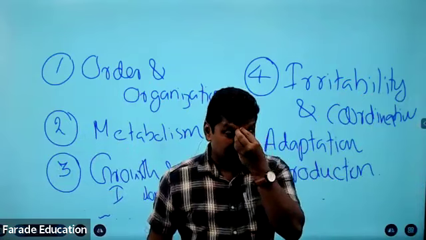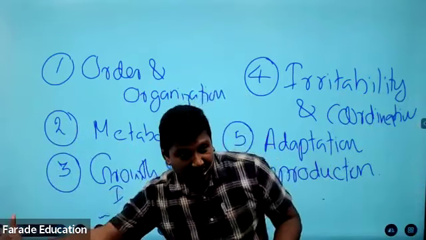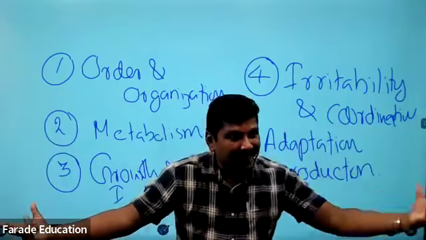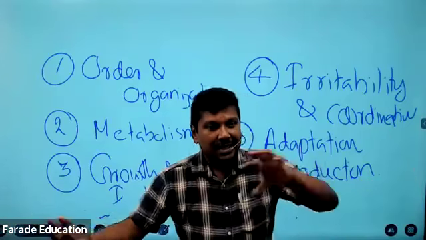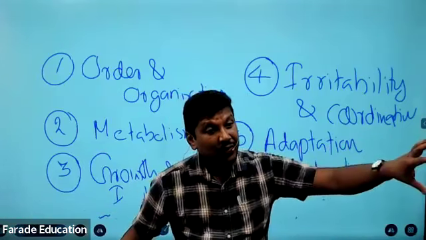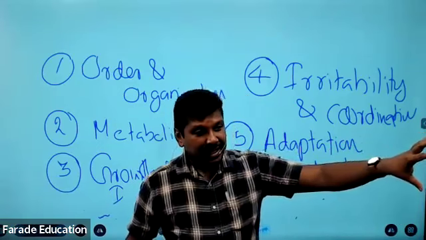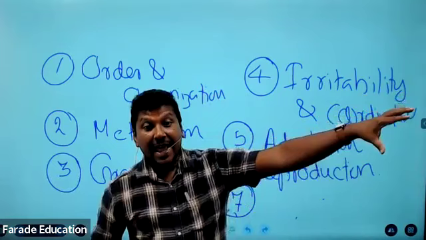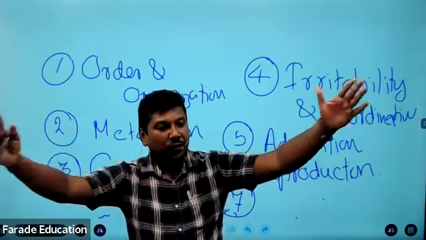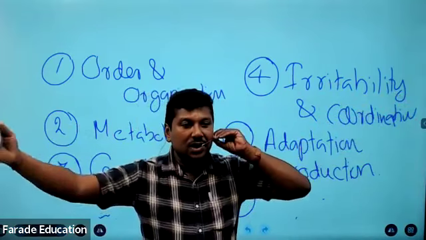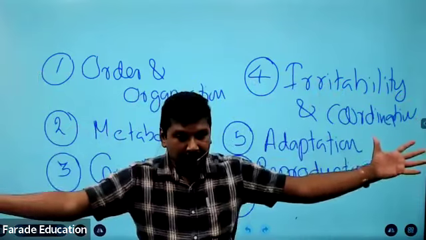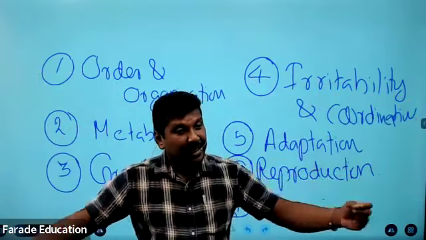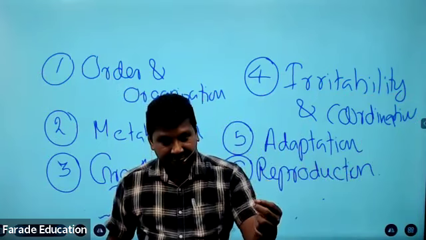So from the unicellular one up to today, there is a story of evolution. The single cell has undergone evolution and made so many plants, animals and microorganisms, and all five kingdoms have been made. That is called evolution.